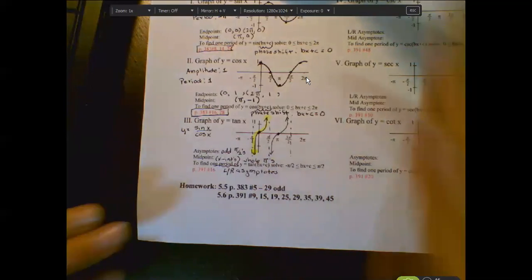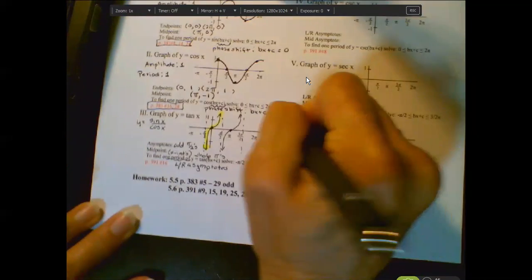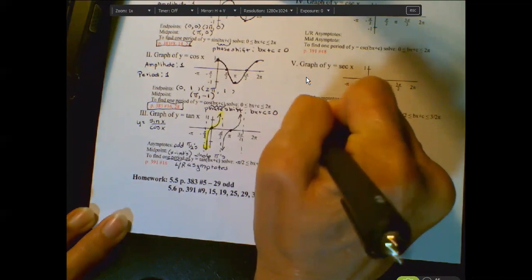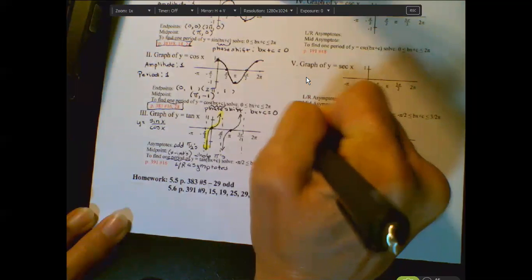All right, and then for cotangent, to summarize it, we know cotangent is cosine over sine. So where is it going to have its vertical asymptotes? Wherever what is 0?